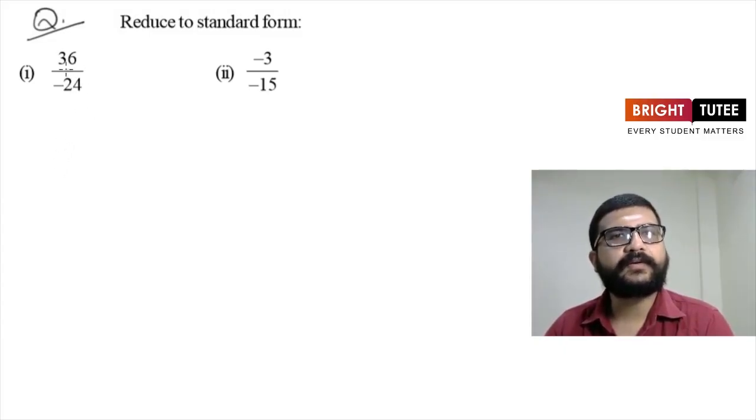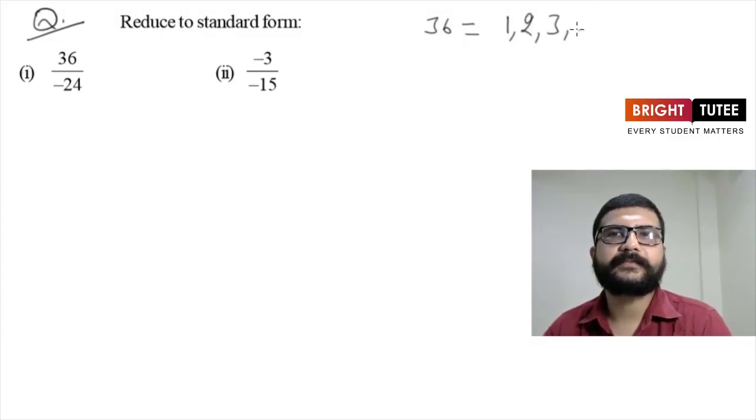First of all, let's find highest common factor between 36 and 24. So for that we need factors of 36. So what are the factors of 36? They are 1, 2, 3, and then it will be 4, 6, 9, 12, and then 18, and then 36.